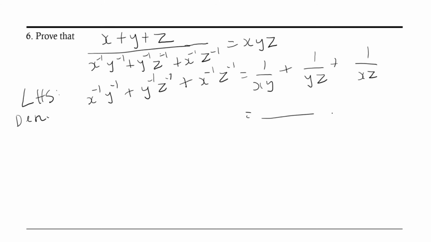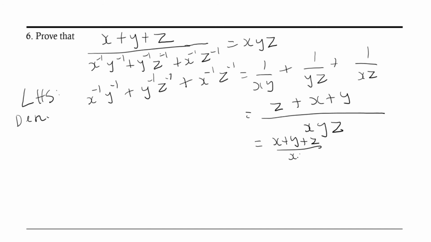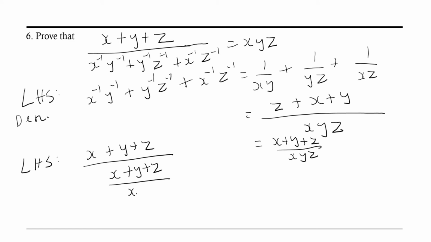I am taking the LCM as xyz. So here the first term is z plus x plus y. So it is same as x plus y plus z divided by xyz. So the left hand side is x plus y plus z divided by the denominator we simplified just now. We are getting x plus y plus z divided by xyz.